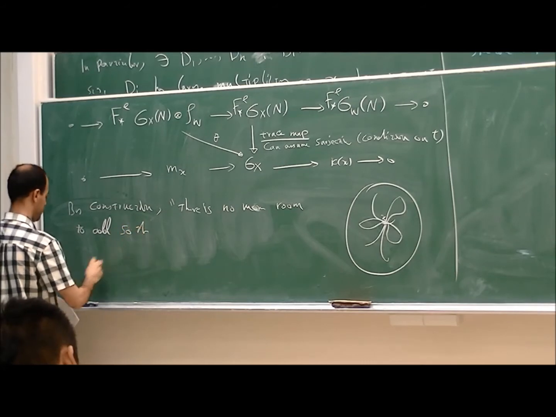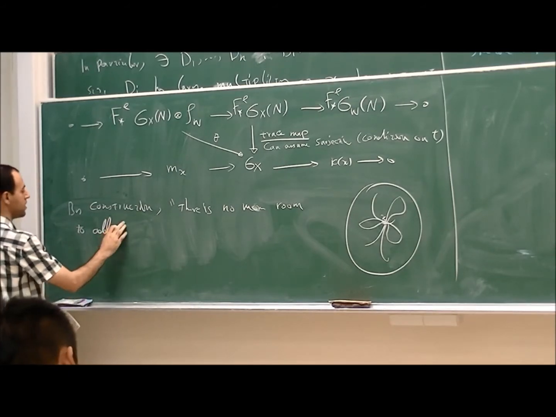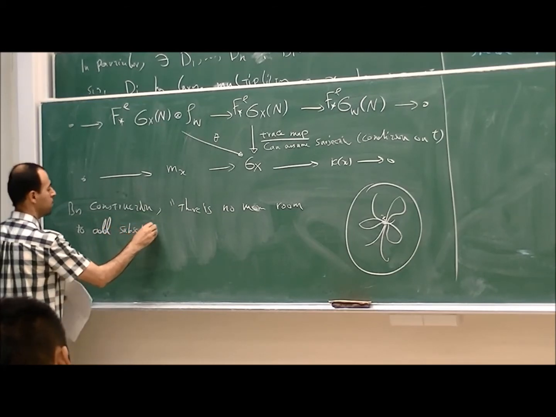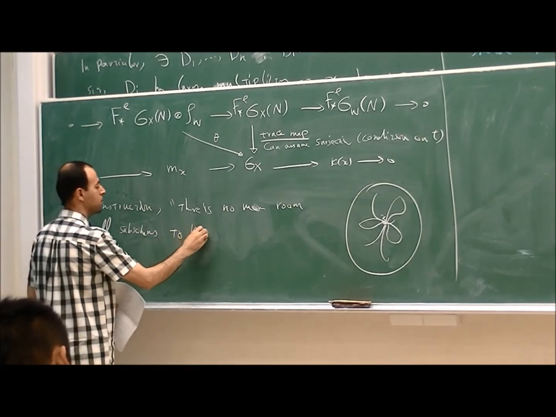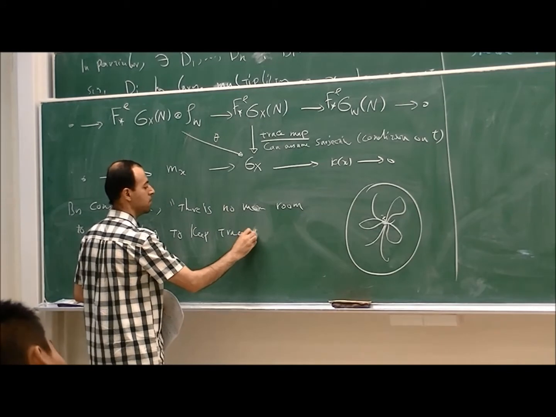so that to add an object of, actually in this case the W itself is not a divisor, but to add maybe a subscheme, to keep the trace map surjective.